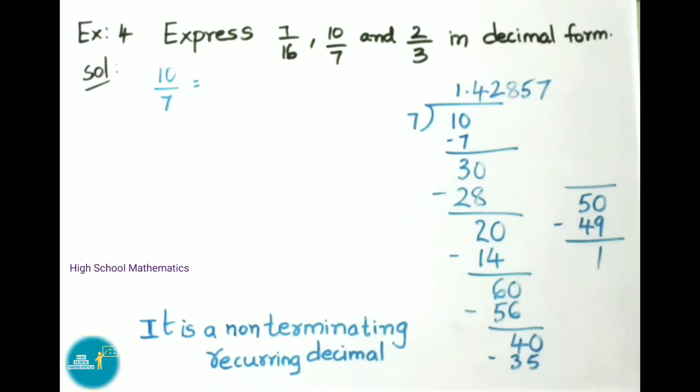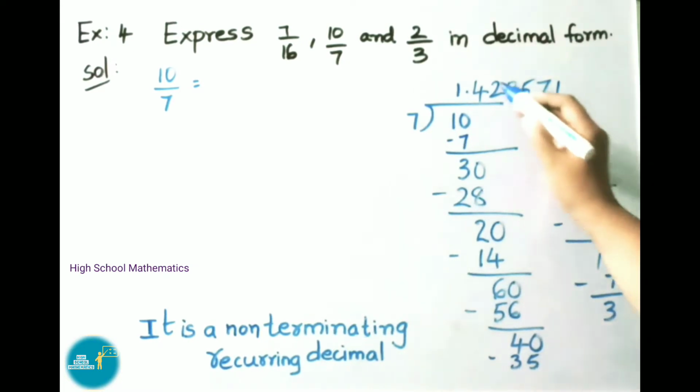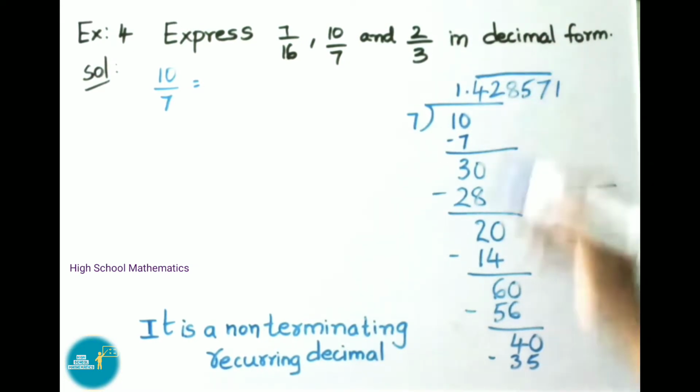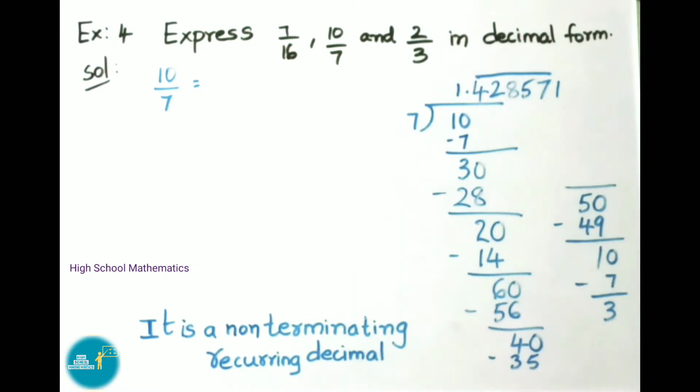1 is less than 7. Decimal is there, add a 0 here. Again 7 ones are 7. 10 minus 7, 3. So again we are getting the same process. See here, 10 minus 7, we got remainder 3. So this is a recurring decimal, and we can call this sum a non-terminating recurring decimal.